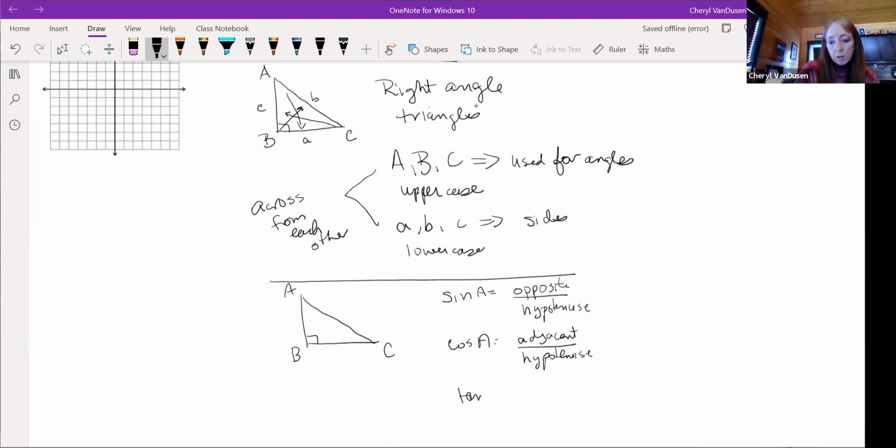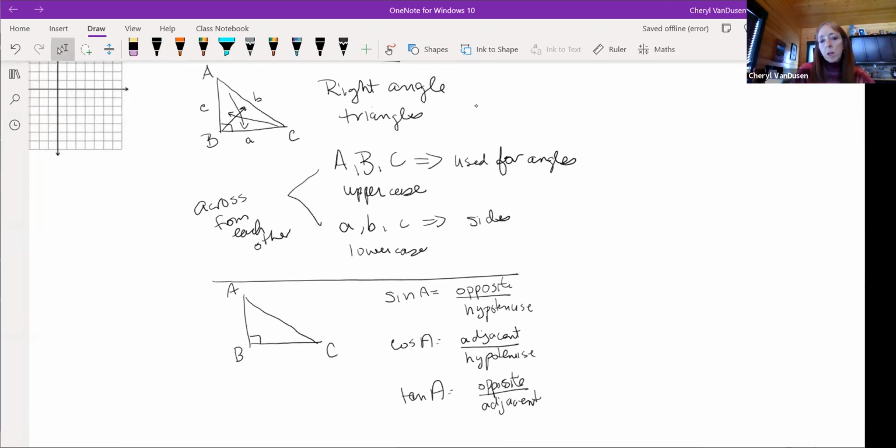And tangent is opposite over adjacent. We're going to make sure we know how to label the sides in a minute. Likely you've been introduced to this word; I would be surprised if you didn't know it. We like in math to make up these odd words. But anyway, SOHCAHTOA is the word we use to remind us of what the definitions are so we don't forget them.